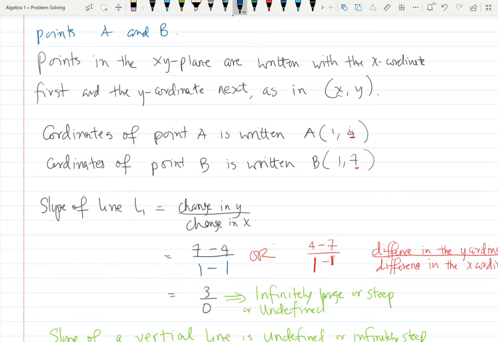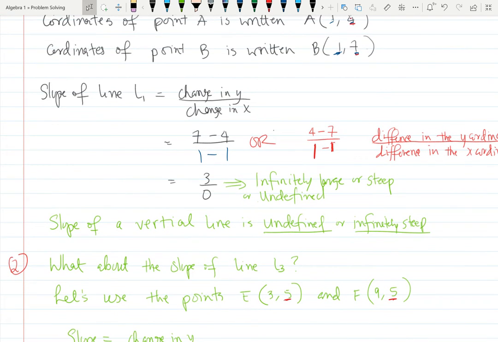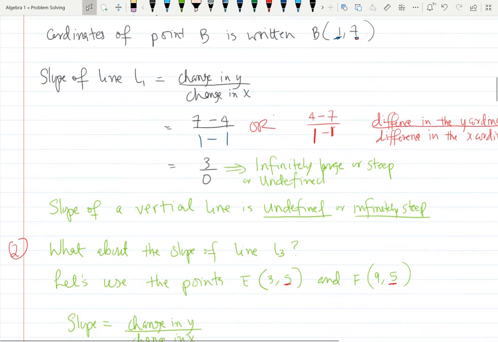So we have change in Y over change in X. You take your Y coordinates and subtract, 7 minus 4 or 4 minus 7, either way. So 7 minus 4, and then you have to do 1 minus 1. What do we get? We get 3 divided by 0, which is undefined.